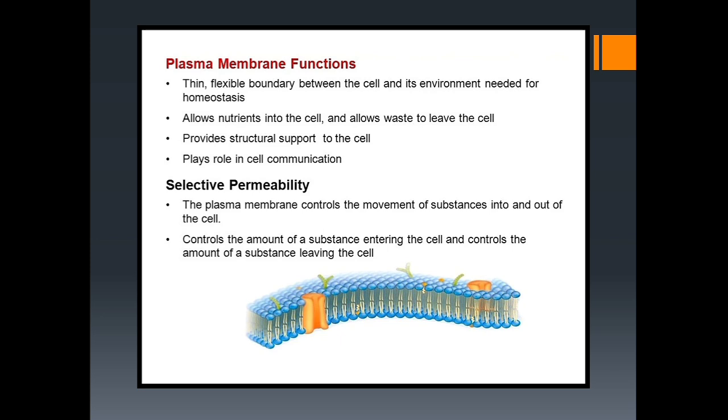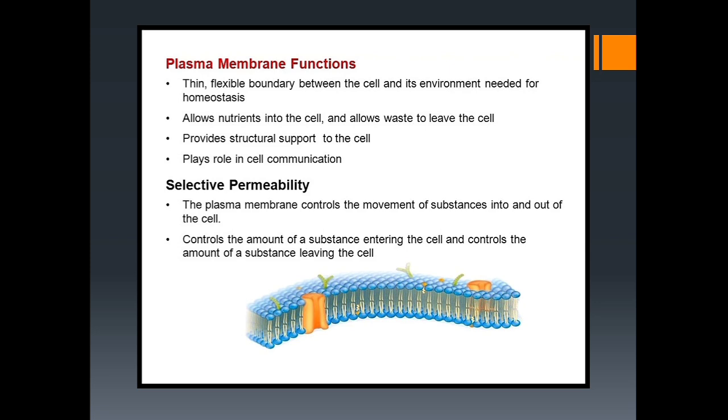That condition is called homeostasis. So the plasma membrane helps to maintain the homeostasis of a cell, and it protects the cell from dangerous situations, and allows nutrients into the cell.